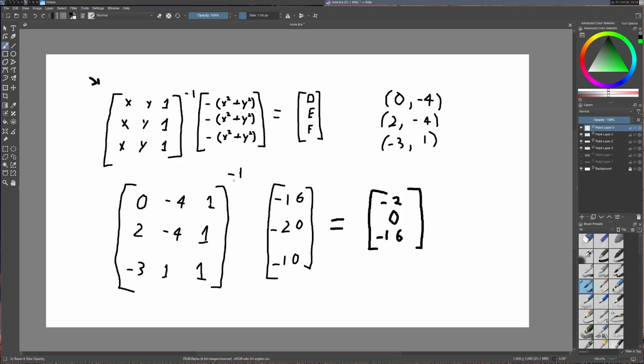We take the inverse. I don't really feel like doing that, it's really annoying. One thing that does make it easier is that the f side will always be 1 since you don't have to multiply it by x or y, so you can always find that easily. You take the inverse and apply it to the right hand side, which would give you negative 2, 0, and negative 16.